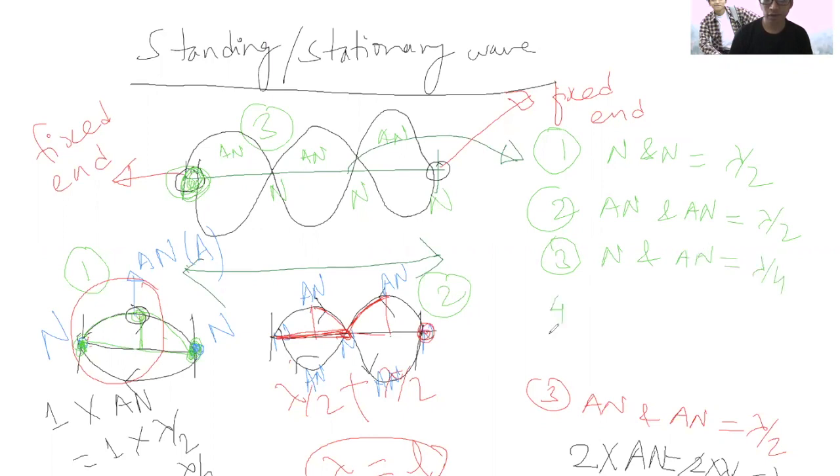And fourth, the relationship of the number of nodes and antinodes with the length of the wire or string present in the confined section is that the number of antinodes or nodes times lambda over 2 is equal to the whole length of the string, right? So these are the conclusions that we can get from this part.